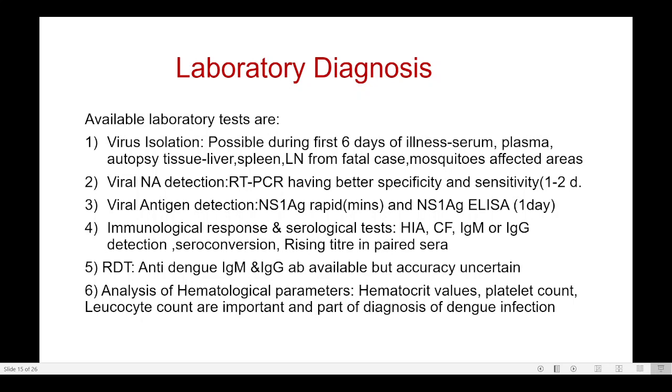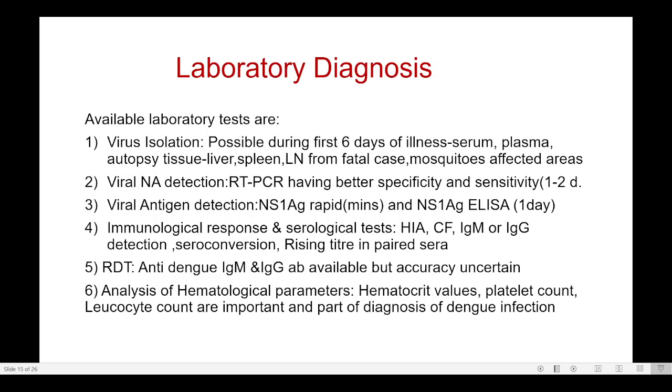That means where an epidemic or outbreak is occurring, mosquitoes are collected and the virus can be isolated from them. Another is nucleic acid detection of the virus. It may be done by RT-PCR, which has better specificity and sensitivity. It can be detected within 48 hours.